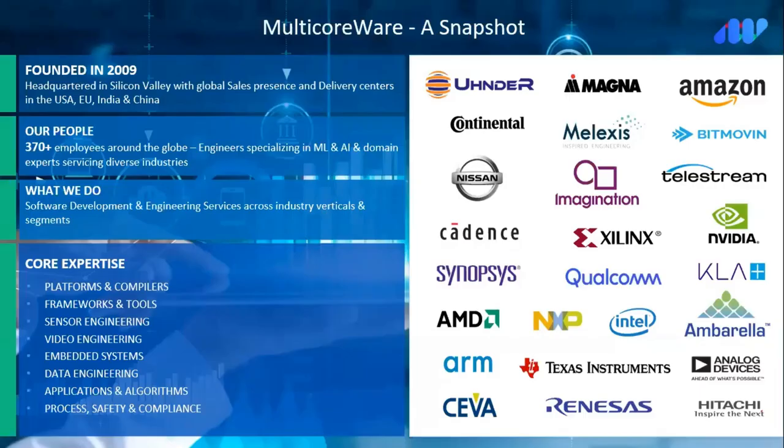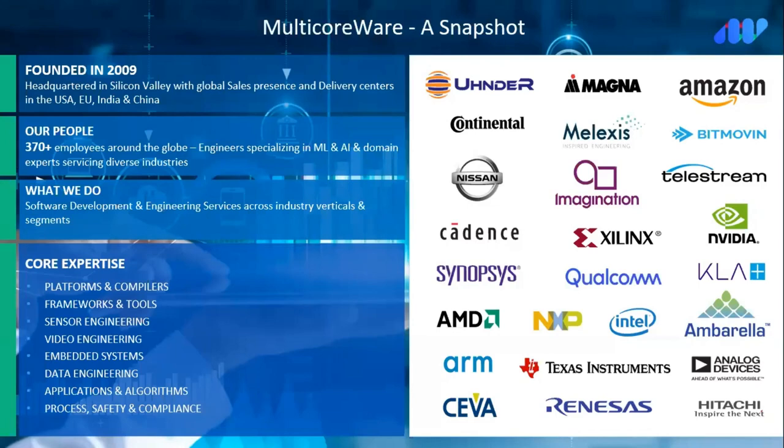Before I proceed, I would like to give a quick overview of our company. Multicoreware was founded in 2009 and is headquartered in Silicon Valley with a strong global presence, including sales and delivery centers in the USA, Europe, India, and China. We are now 370 plus, with a diverse group of engineers specialized in machine learning, artificial intelligence, and domain experts with deep knowledge across various industries.